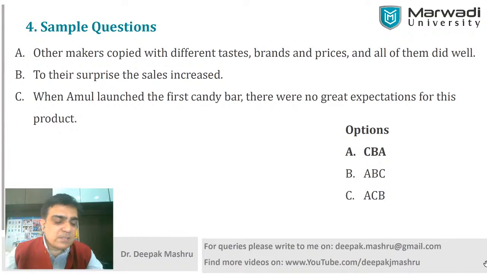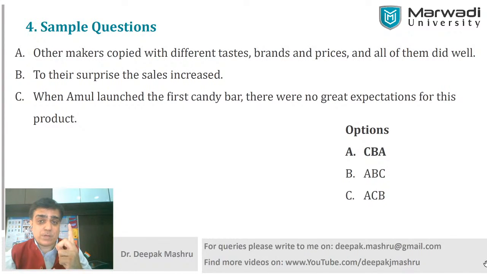I told you that when, while, these are the keywords. Fine. So they begin with it. Other makers copied with different tastes. That means they copied something, so something must have been done, right? So what happened? That was the candy bar. Candy bar was launched first by Amul, right? So that is the first event that happened.